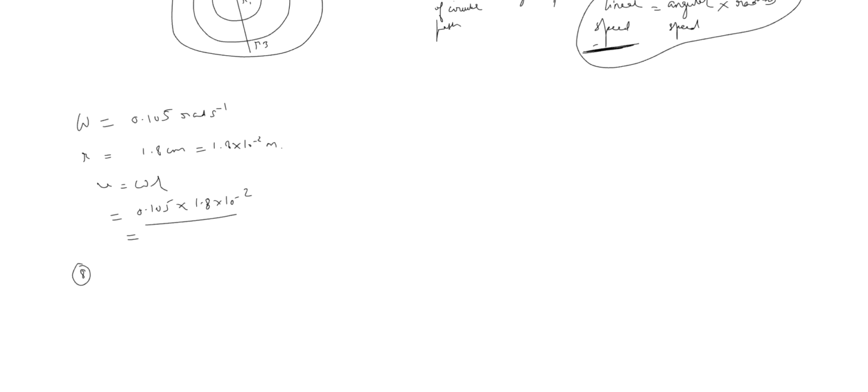What are you getting? 1 by 30? You have to write in decimals. You can't write in fraction. Decimals. Okay, 0.105 radian per second. Correct.